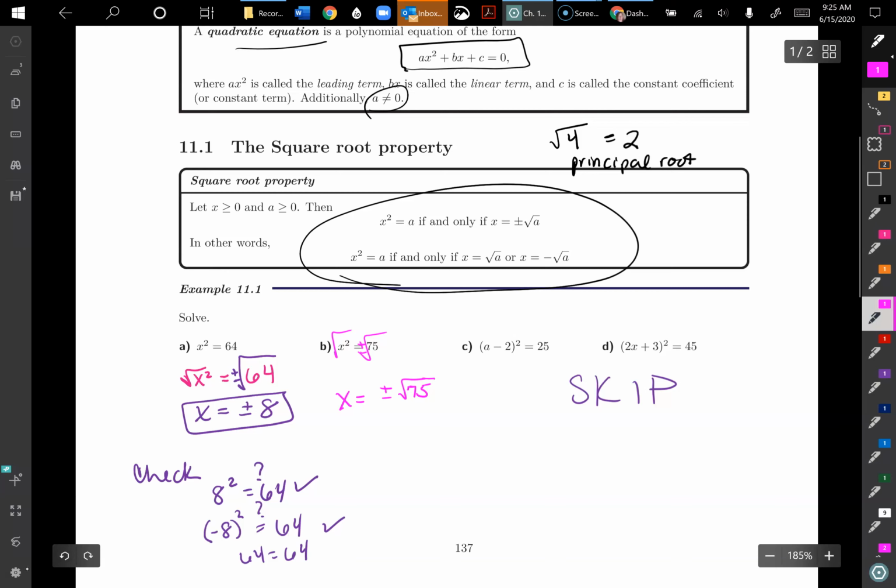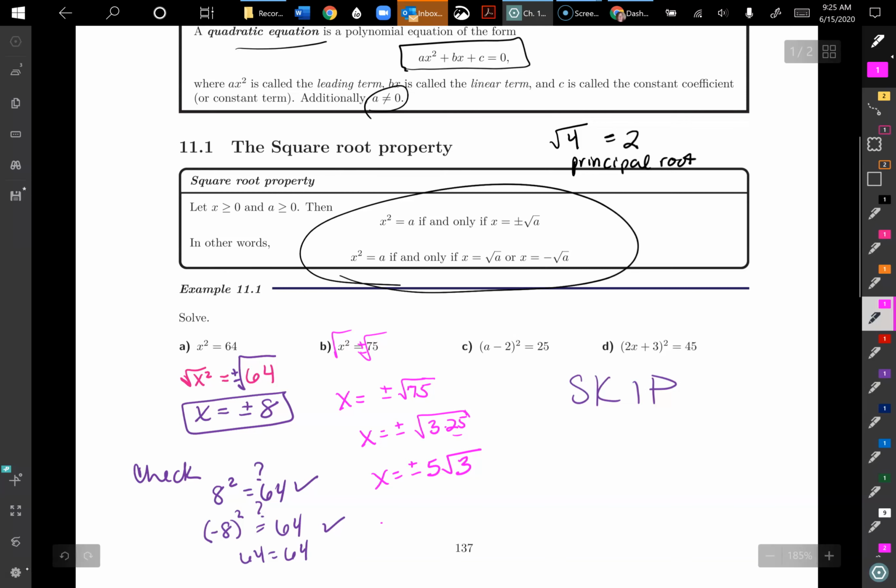If it were a word problem, we would round. But if it weren't, we would want to simplify that. So I'll show you both ways. So we have plus or minus, and then the square root of 75 can be broken down to the square root of 3 times 25. And then the square root of 25 would be 5. Now make sure that 5 goes right next to the radical. Square root of 3 would be left.